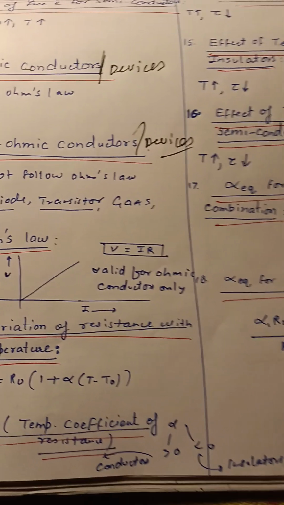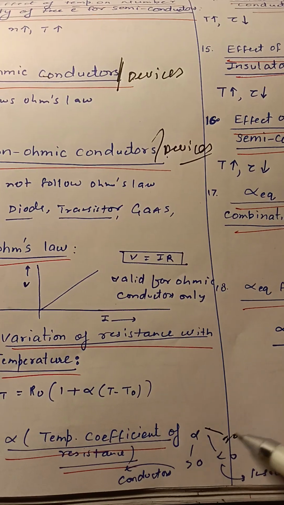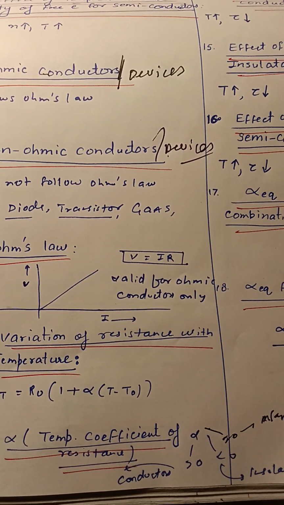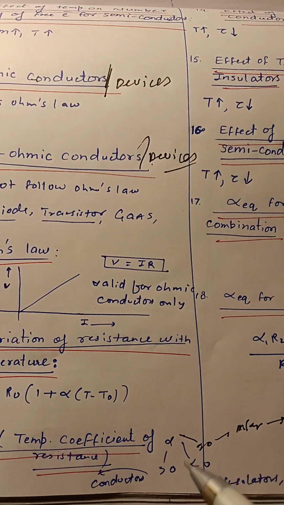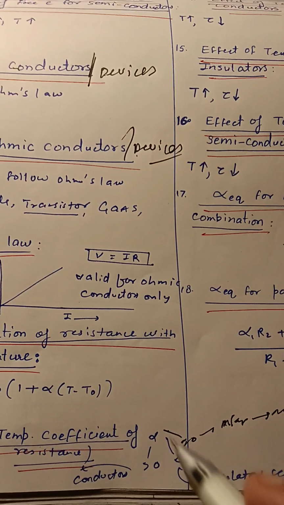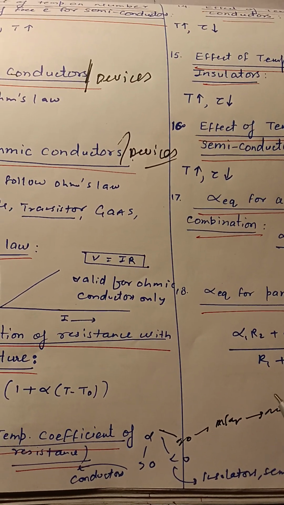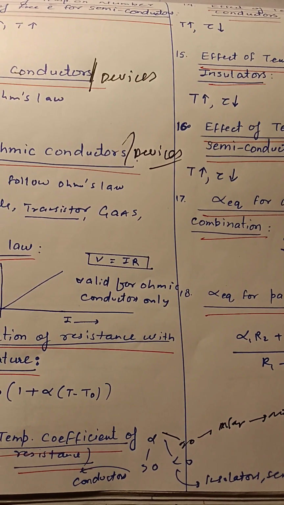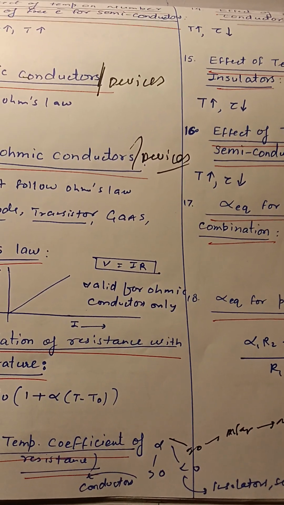It may be negative or positive, and may even be zero for certain alloys like nichrome or constantan. It is positive for conductors and negative for insulators and semiconductors, while it may be zero for alloys like nichrome and constantan, which find use in electrical circuits where resistance should be constant.